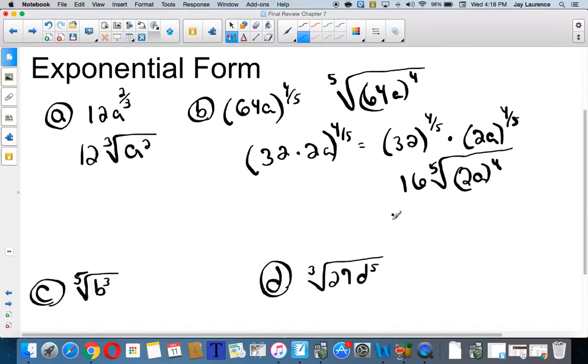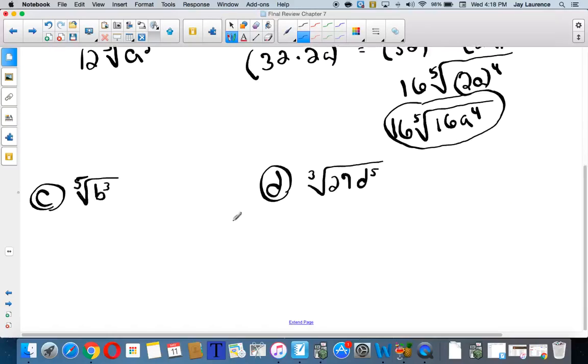And so I'm going to get 16 times the 5th root of 16 times a to the 4th. And there you go.